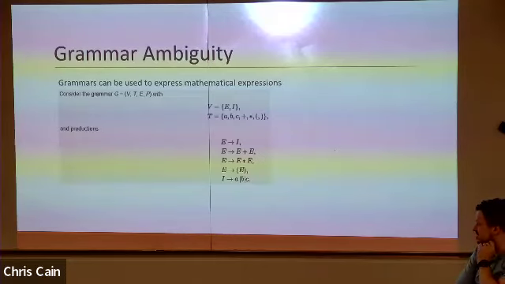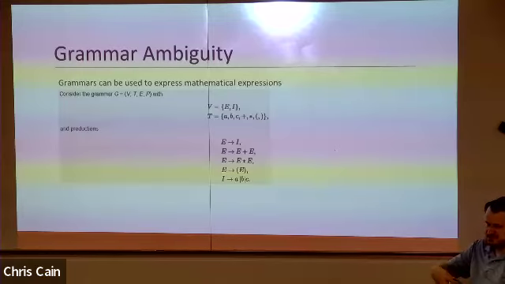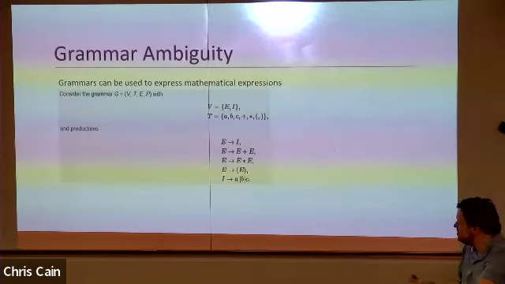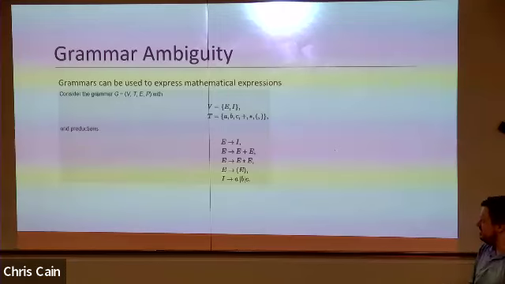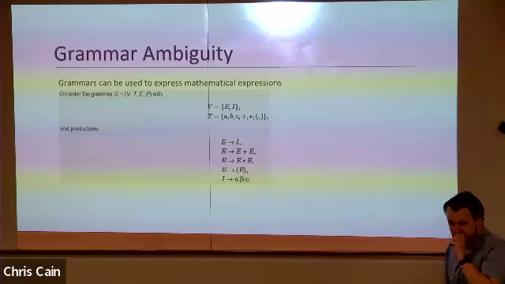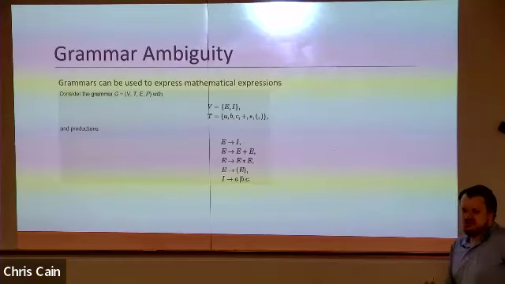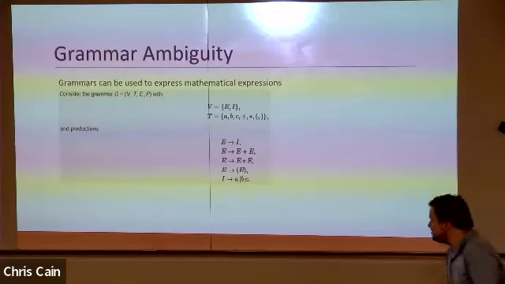First of all, is it possible to produce an expression that has a plus and a times without parentheses? Try to draw that out. What sequence of productions could you apply, starting with an E, that would create something where we would need some kind of precedence specified, or that doesn't do what you think mathematical precedence should do?